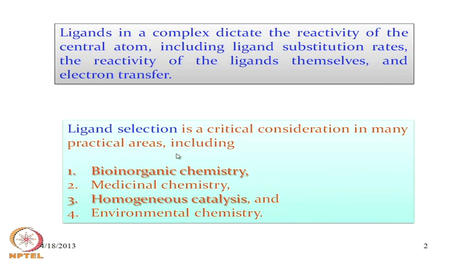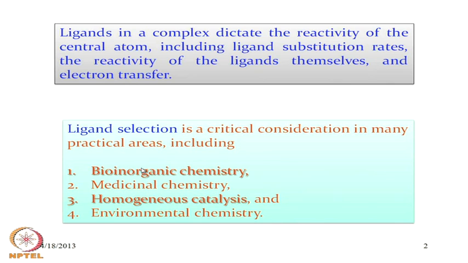So, in different areas of coordination chemistry, what type of ligand we select is important. It is critical to consider these when we choose ligands for practical purposes. When we talk about bioinorganic chemistry, that means biocoordination chemistry, we want to know the nature of the metal center present in all biologically important molecules.